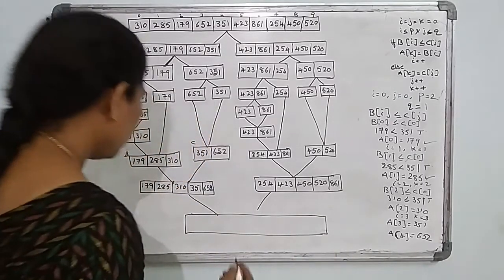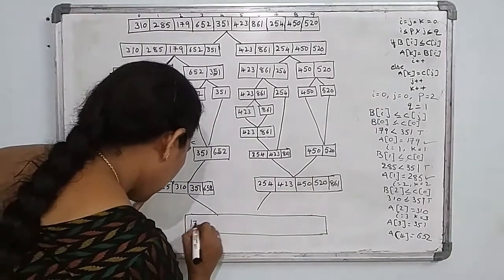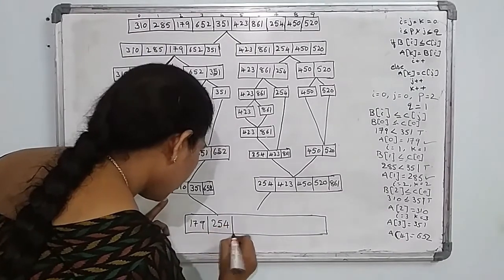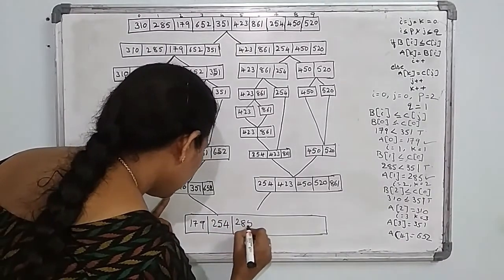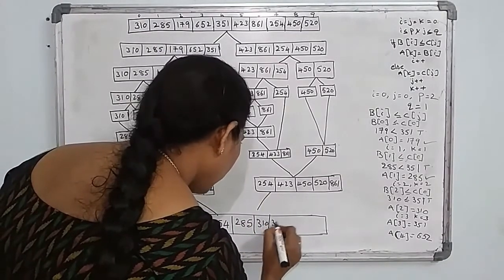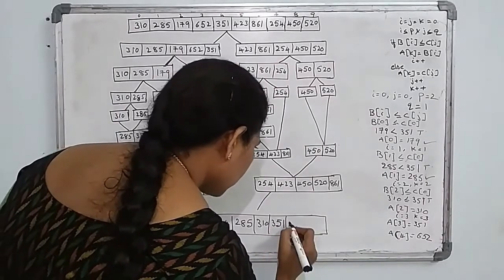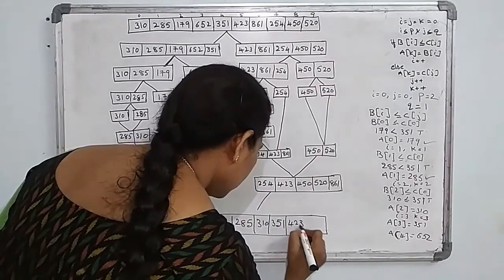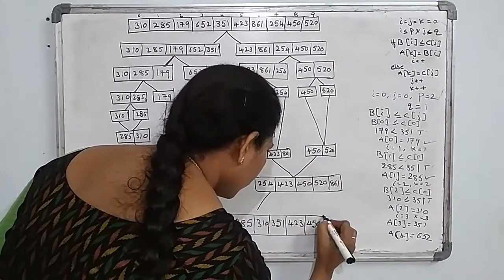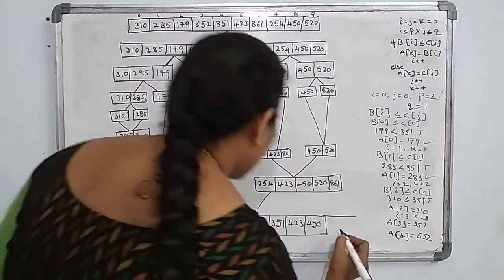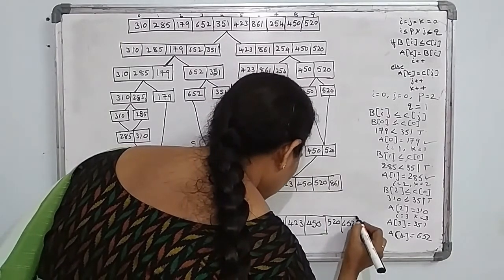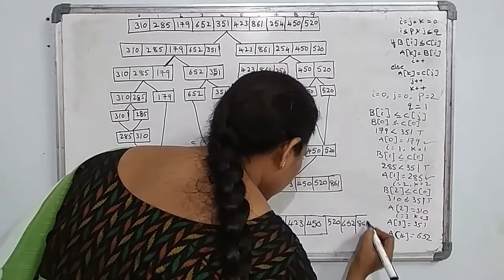The elements are 179, 254, 285, 310, 351, 423, 450, 520, 652 and 861.